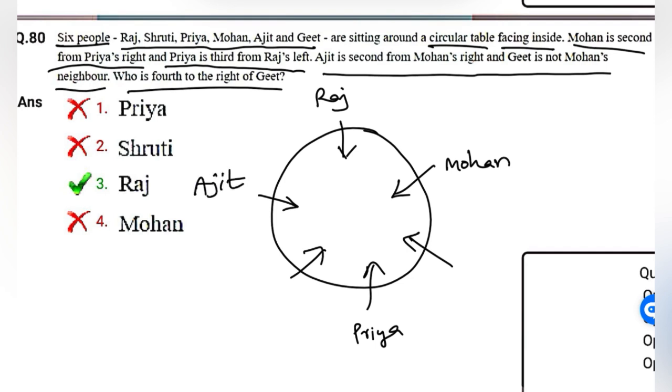And Geet is not Mohan's neighbor, so Geet will not sit here; obviously it is his place. So the remaining one left is Shruti. Now the question is, who is fourth to the right of Geet? And the answer is Raj.